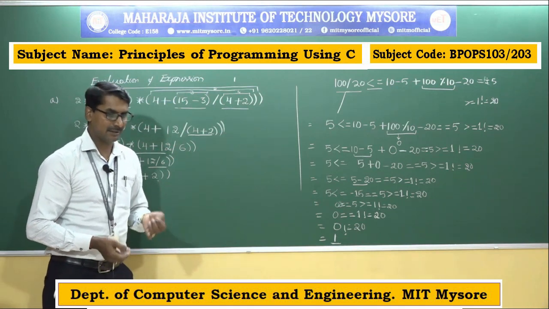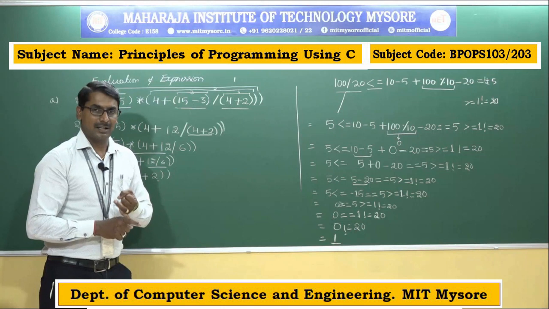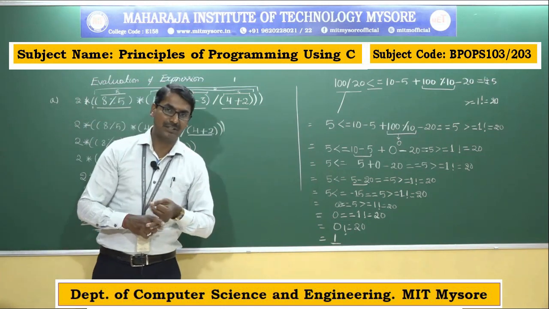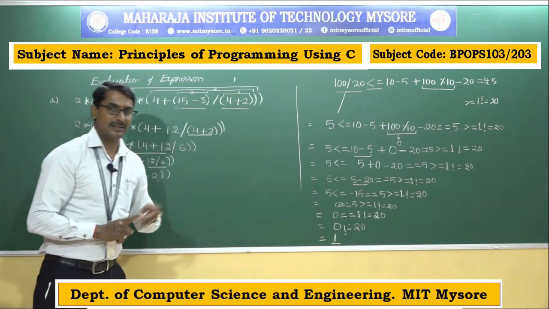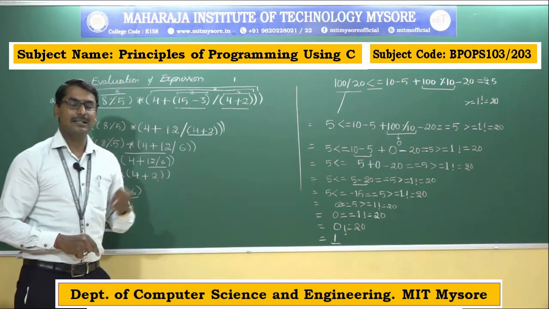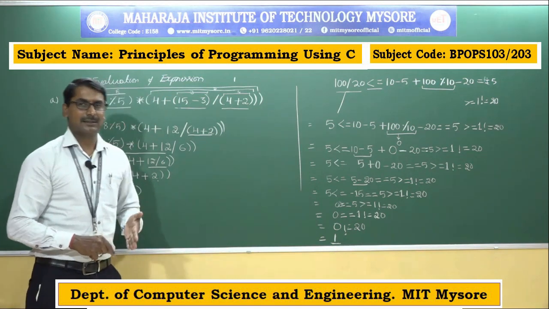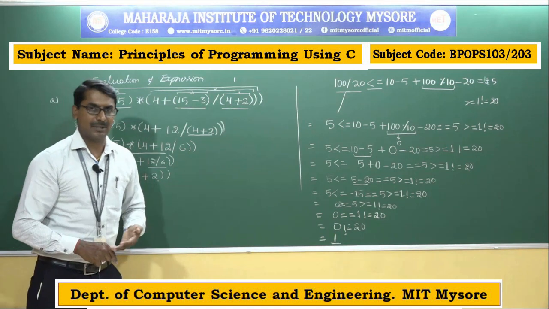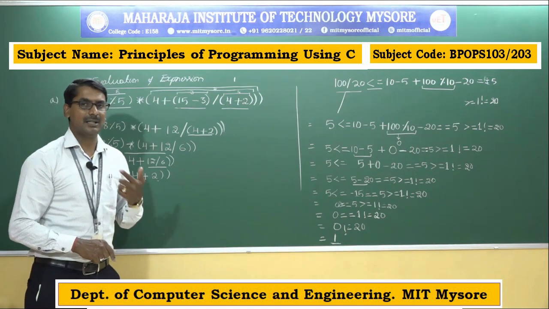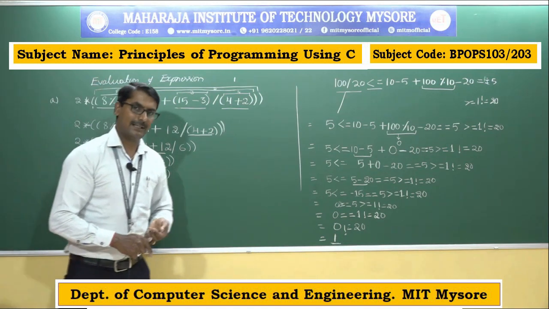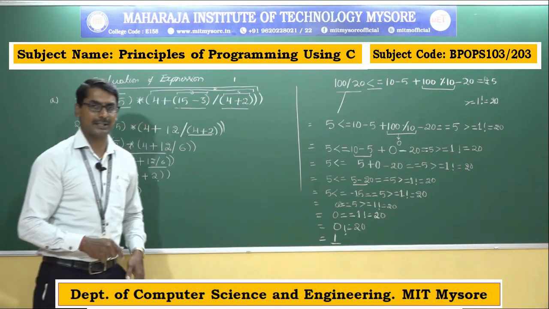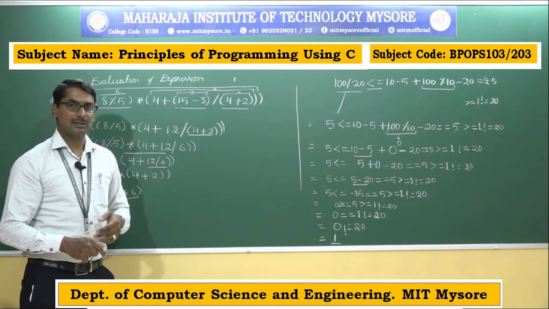In the arithmetic operators, first preference is for star, meaning multiplication, division and the modulus operator. Next precedence is for addition and subtraction. Next is the bitwise operator. Next is the relational operator: less than, greater than, less than or equal to, greater than or equal to, equal to, not equal to.